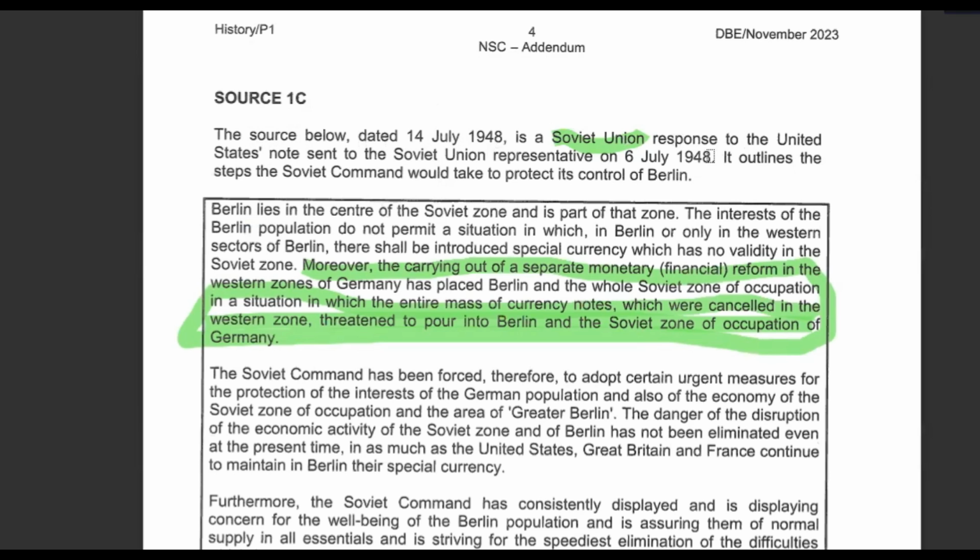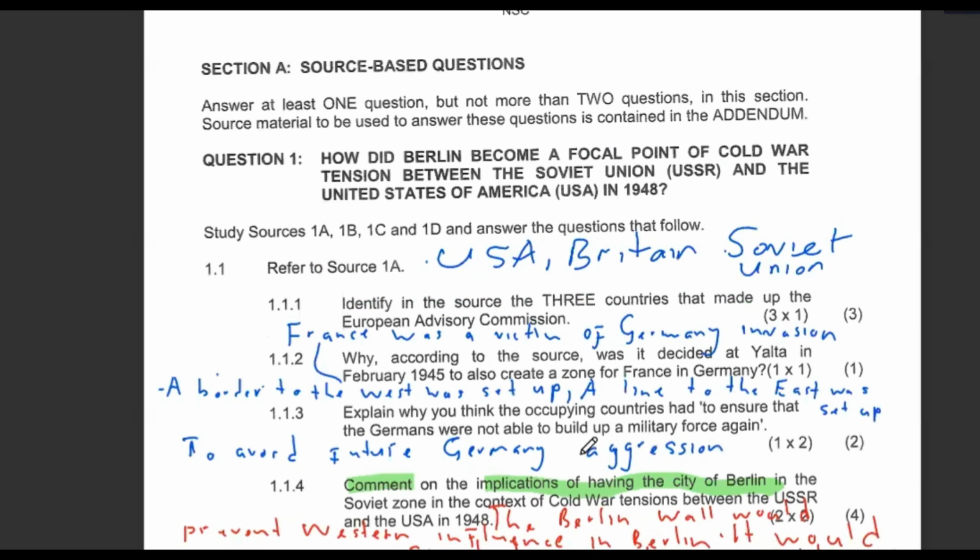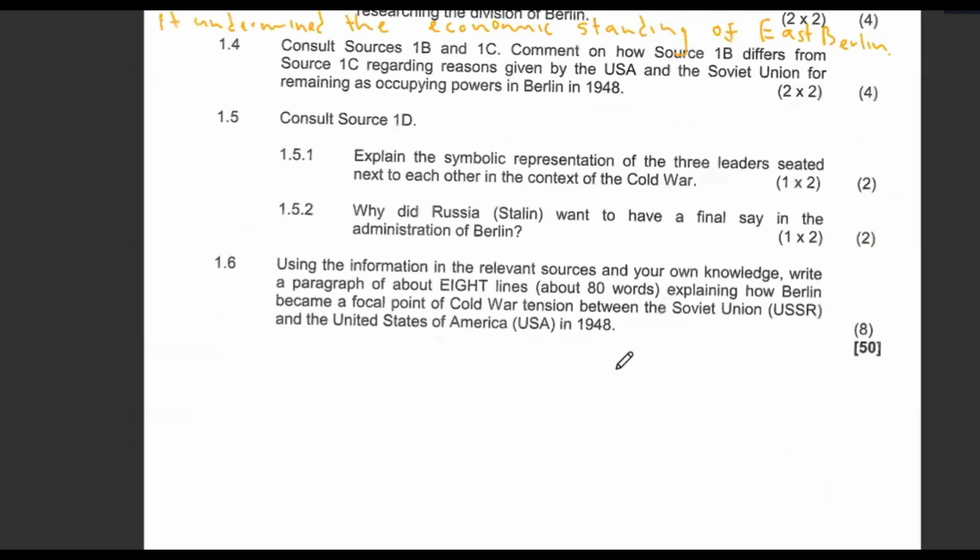So where is it coming from? It's coming from the Soviets. The fact that it's coming from the Soviet Union simply means that it is biased, or in favor of the Soviets.